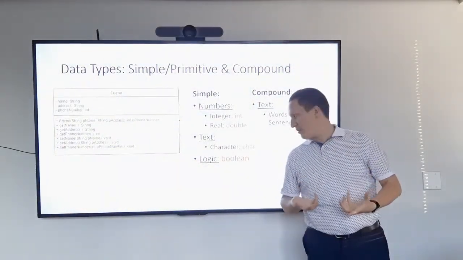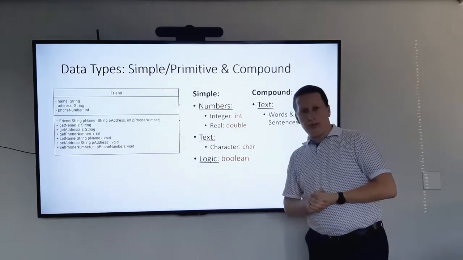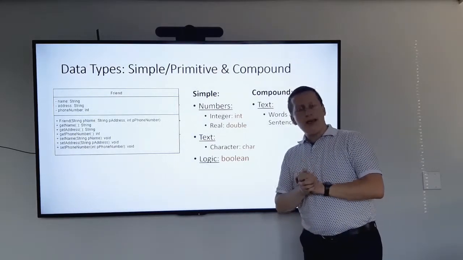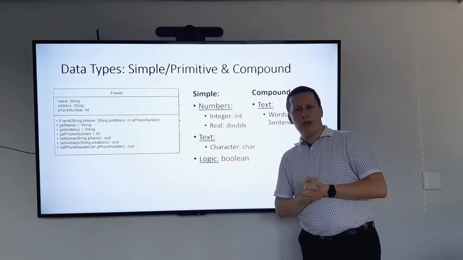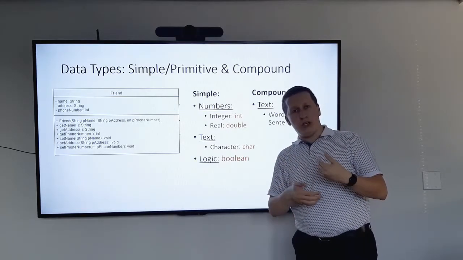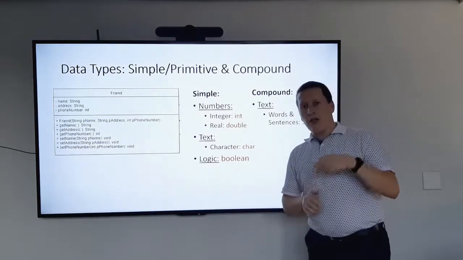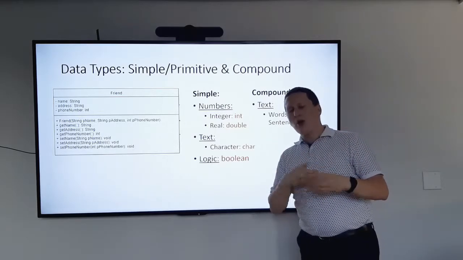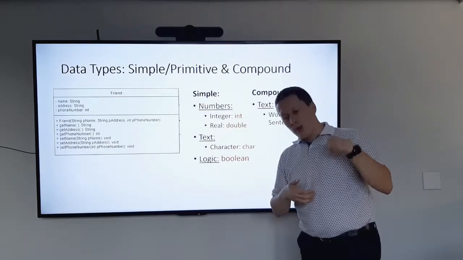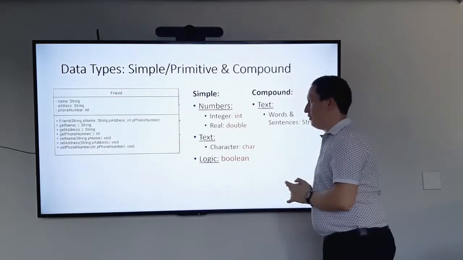That's how this works. Also, when it comes to logic, we have the type boolean, which we use to express true or false, and it's the one we're going to be using for this first model. So these are the two big categories of data types, and we're going to keep working on this and go deeper into the definition of these two concepts.